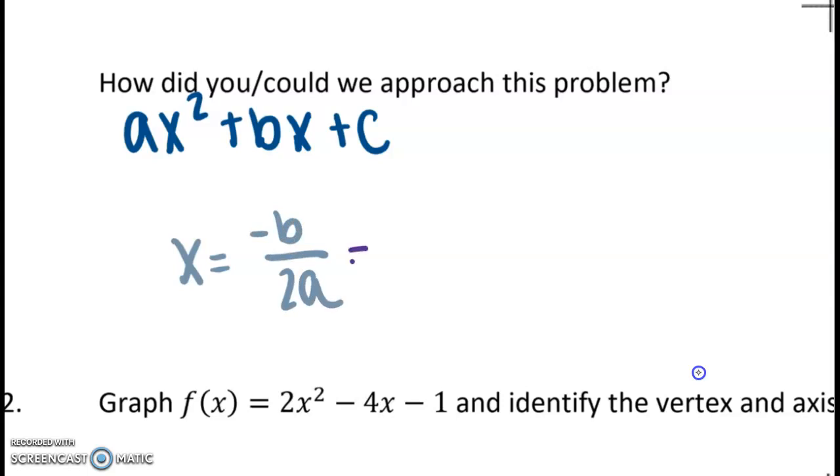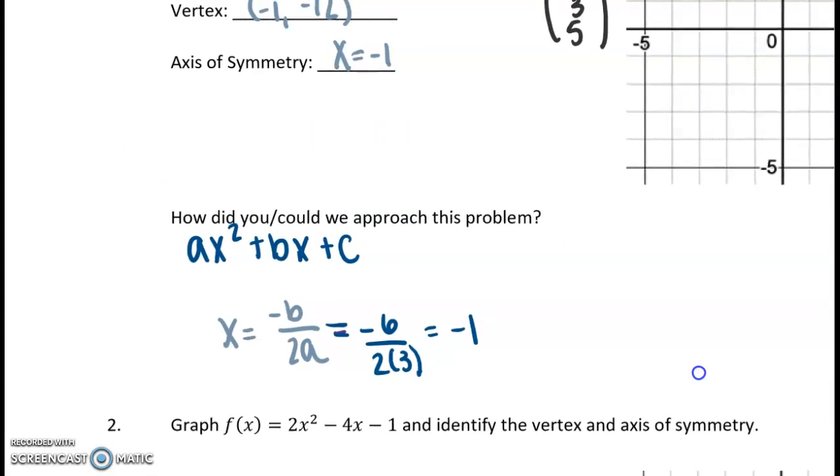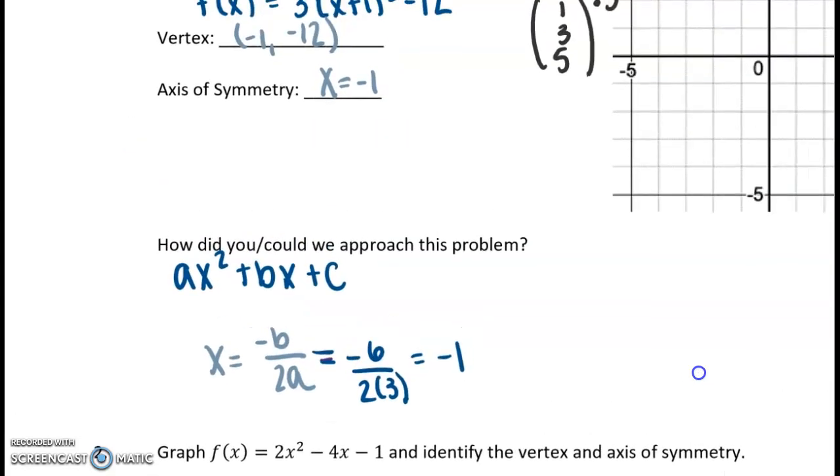So if I do that with the question above, the opposite of b is -6 divided by 2 times a. My a value was 3, and I get -1. And sure enough, that's the x coordinate of my vertex from above. That's also my axis of symmetry. Then to find the y value, I would plug that back in.